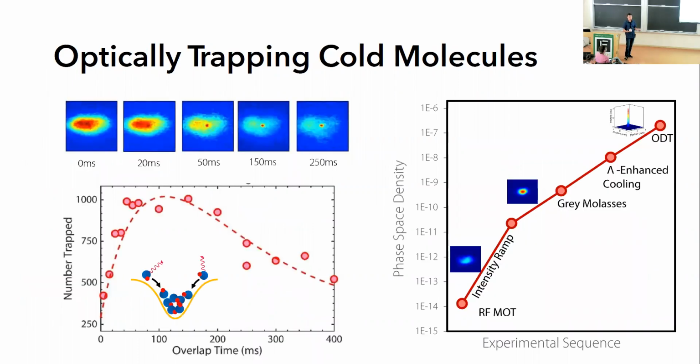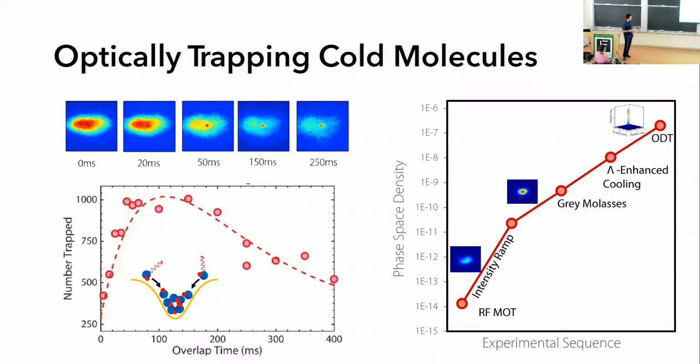Now that we have nice cold molecules, we can optically trap these molecules. This is done as you would typically do with atoms, where we simply shine in a far-detuned light trap. And then we also apply laser cooling light, specifically this lambda-enhanced cooling light, to cool the molecules from the molasses into the actual optical dipole trap.